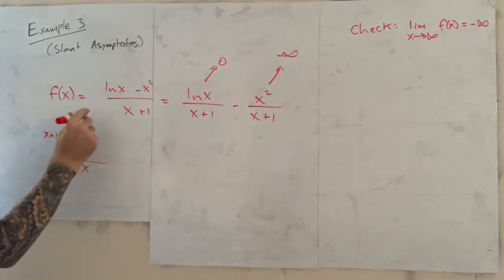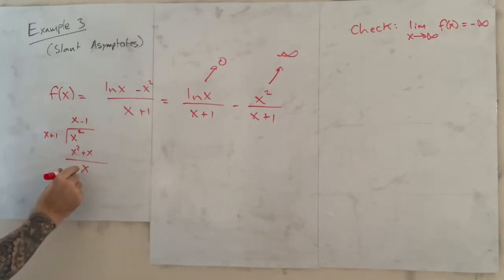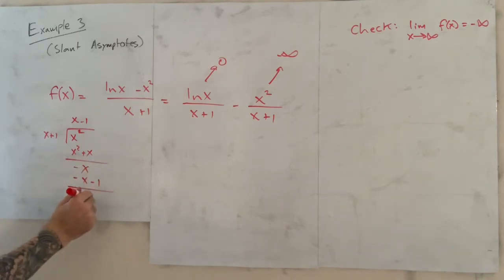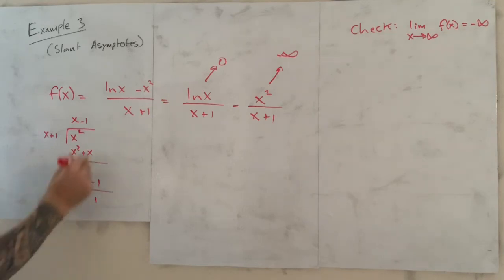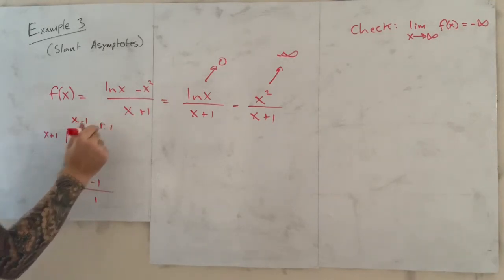And now if I multiply this by negative 1, I'm going to get negative x minus 1. And then I subtract this from this, get positive 1. And so that means I have a remainder of 1.